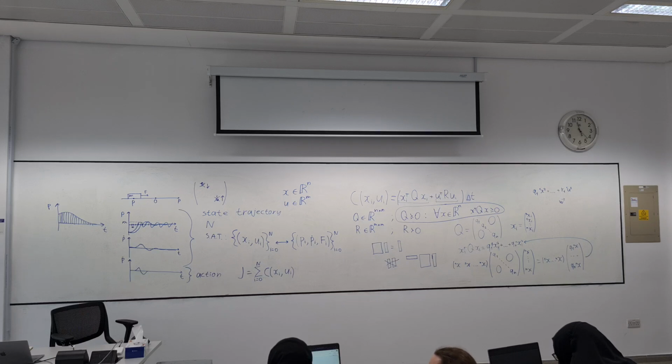Once you put the data into the template, you get an instance of it. P0, P1, and so on, up to the number of instances. This is just how you write it.